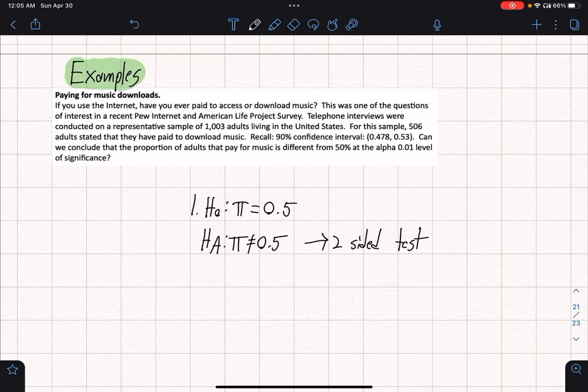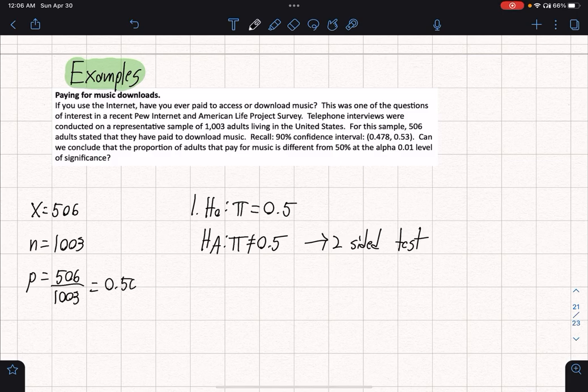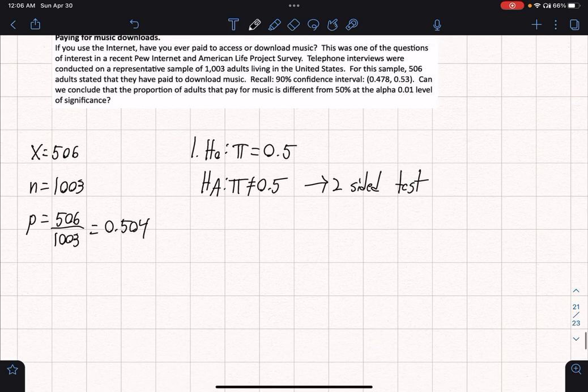Okay, let's get our information. So number of successes, that's people who pay for music, that is 506. Our sample size is 1,003, and so our estimate P is 506 over 1,003, which is equal to 0.504.